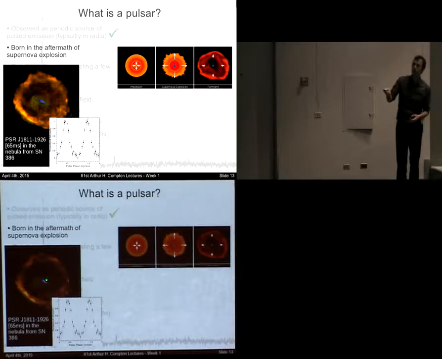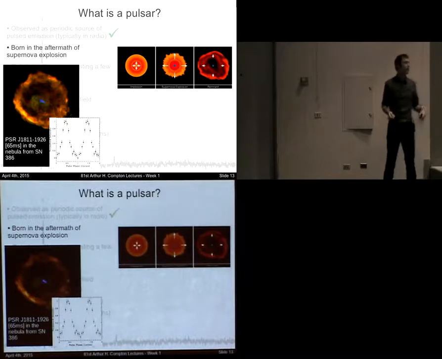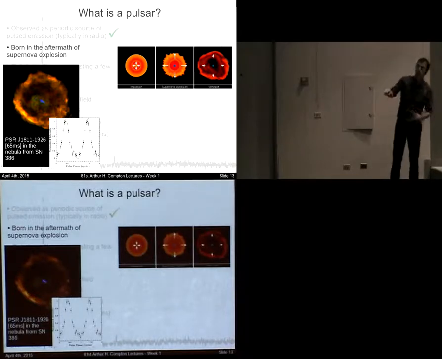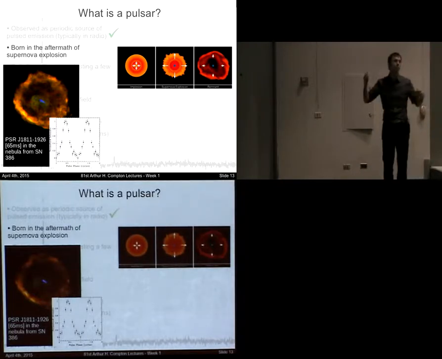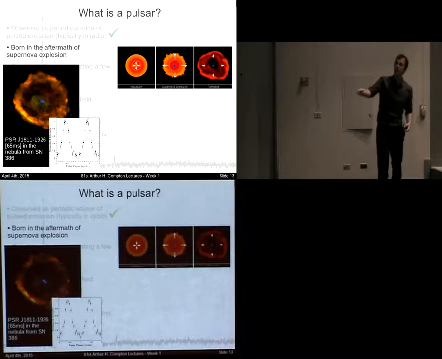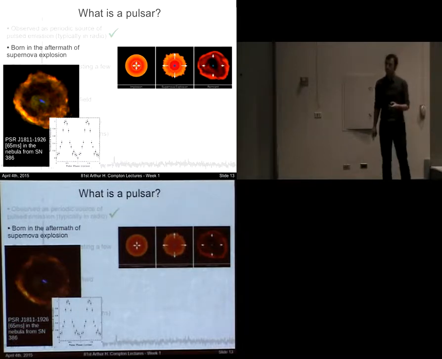Someone colored in the X-rays from this image blue. If you take these X-rays and look at them in a series, you'll see that they pulse up and down. So this is an X-ray pulsar, where we can see an X-ray beam pulsing at us, and this one has a period of 65 milliseconds.